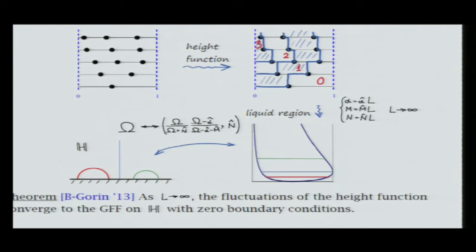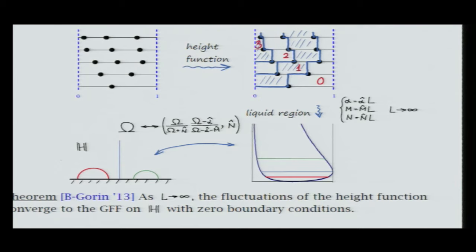And then again, there is a map to the upper half plane. That map is not too difficult, but it's not obvious either. It takes this line to the vertical line, and horizontal lines like that go to certain circles. They're no longer concentric circles, but they are explicit circles. And then again, as things get large, the limiting fluctuations here are going to be described by the two-dimensional Gaussian free field.